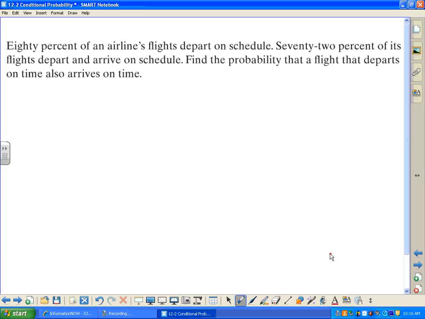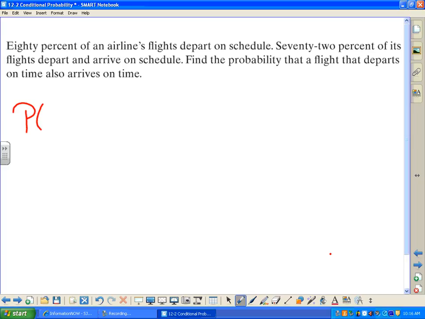Find the probability that a flight that departs on time also arrives on time. Okay, so here's what I want to do first. Is this a conditional probability? Is there a condition being placed on it? It doesn't say the word given that, but is there a condition?